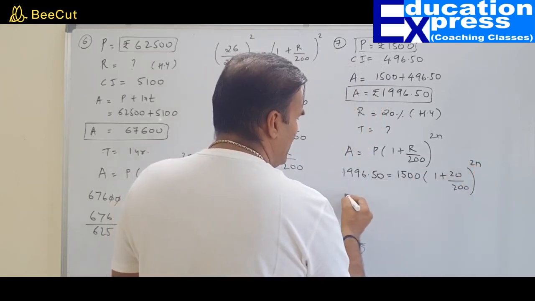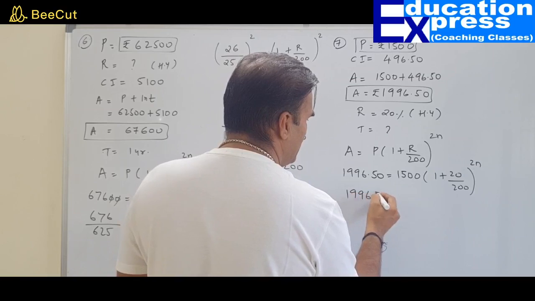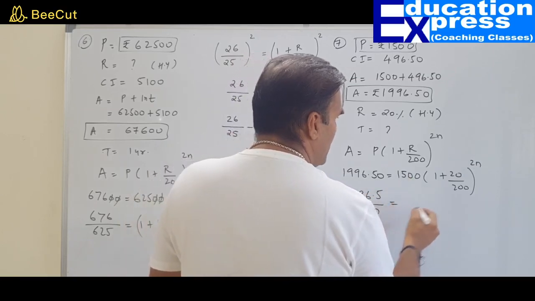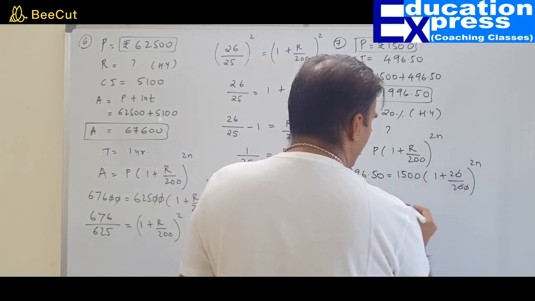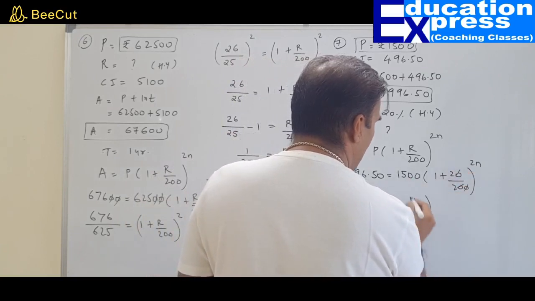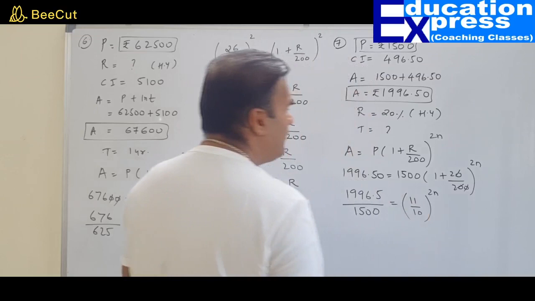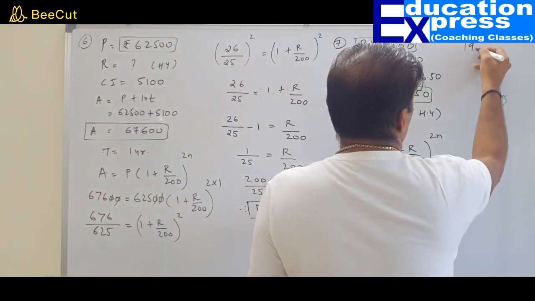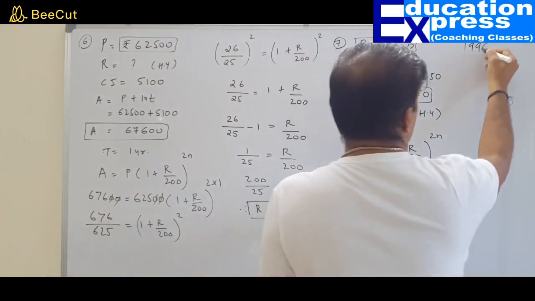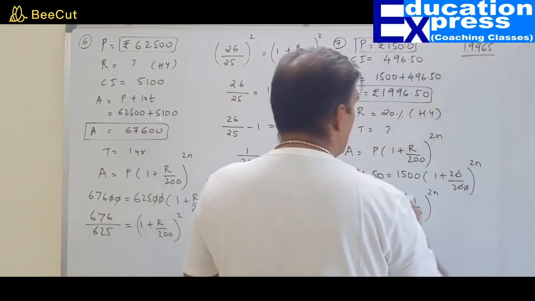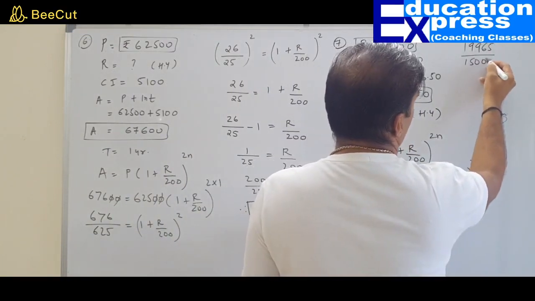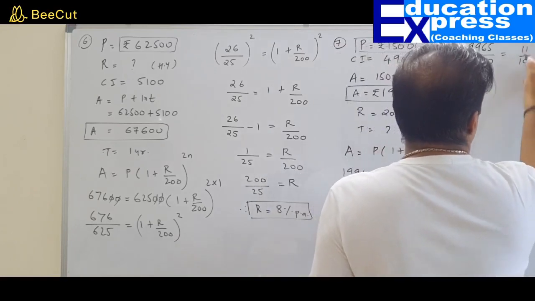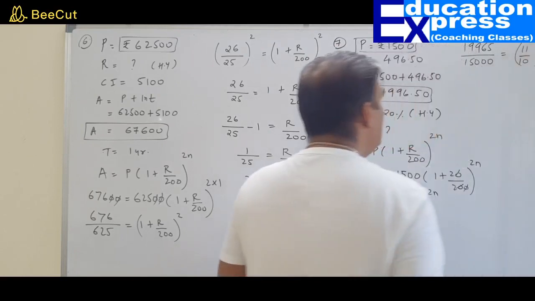So can we say 1996.5 upon 1500 is equal to 1 plus 1 upon 10, that is 11 upon 10, raised to 2n. Further, 19965 upon 15000 will be equal to 11 upon 10 raised to 2n.